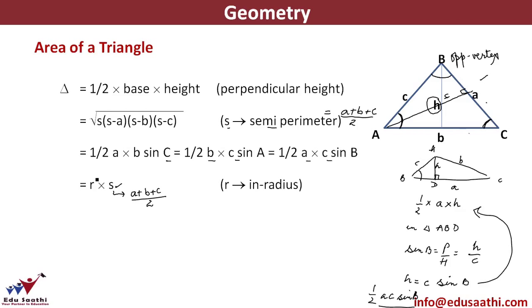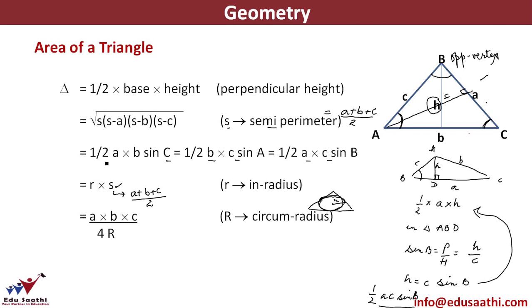R is the inradius. Inradius is the radius of the circle formed inside the triangle. So I have a triangle. If I am able to draw a circle inside this triangle that touches all the three sides of the triangle, the radius of such a circle would be known as the inradius.